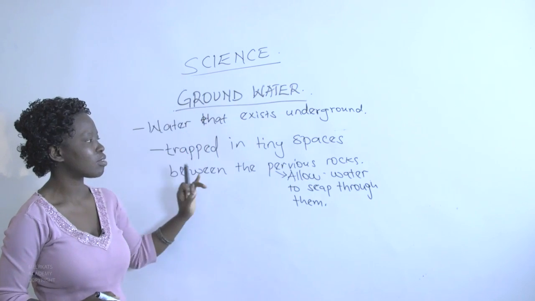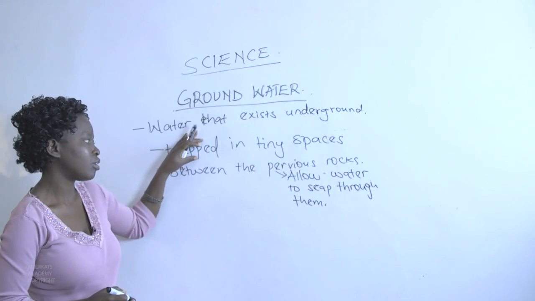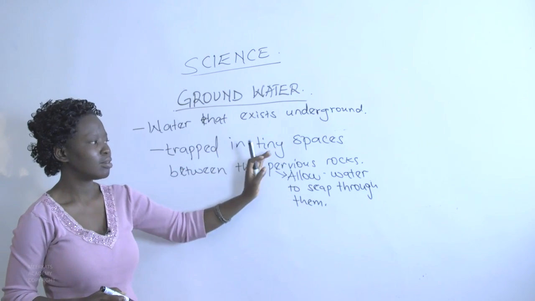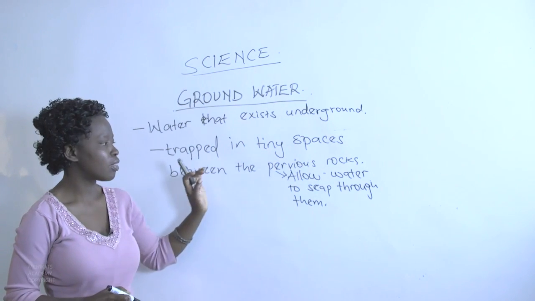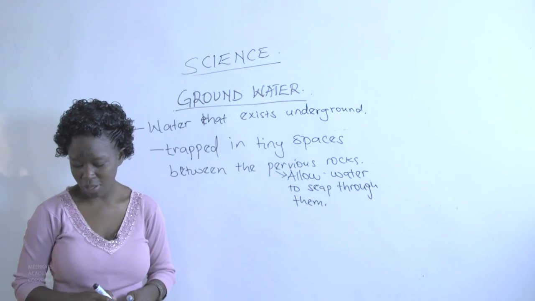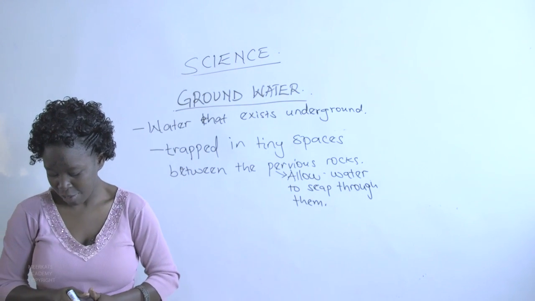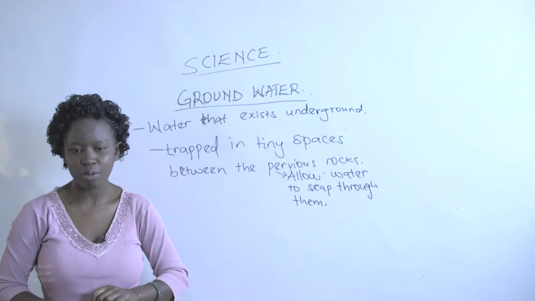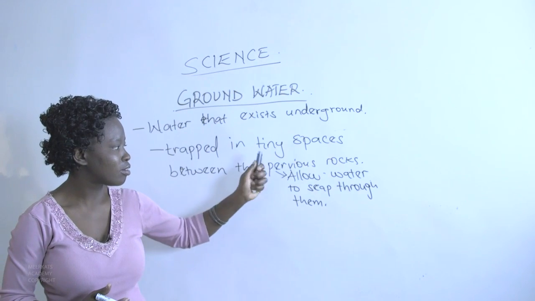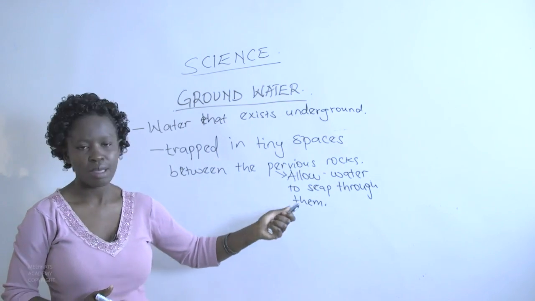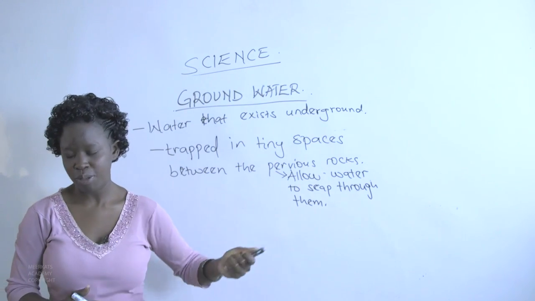So the water that is existing underground is trapped between tiny spaces in the pervious rocks. We've said that this rock is a pervious rock. Being a pervious rock means that it will allow water to seep through it.